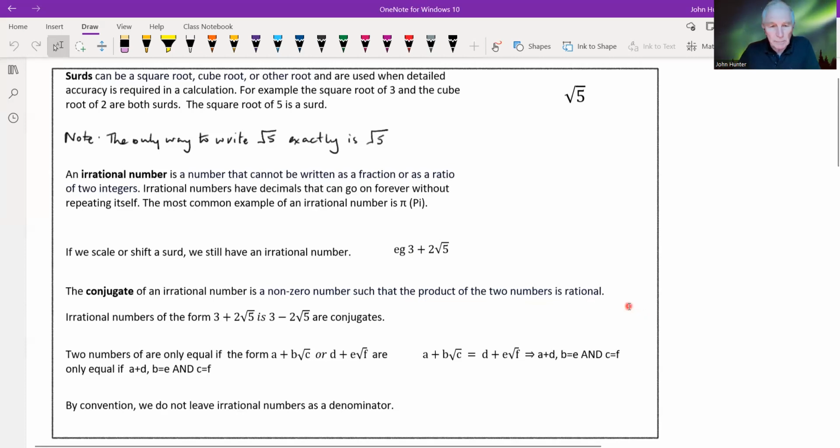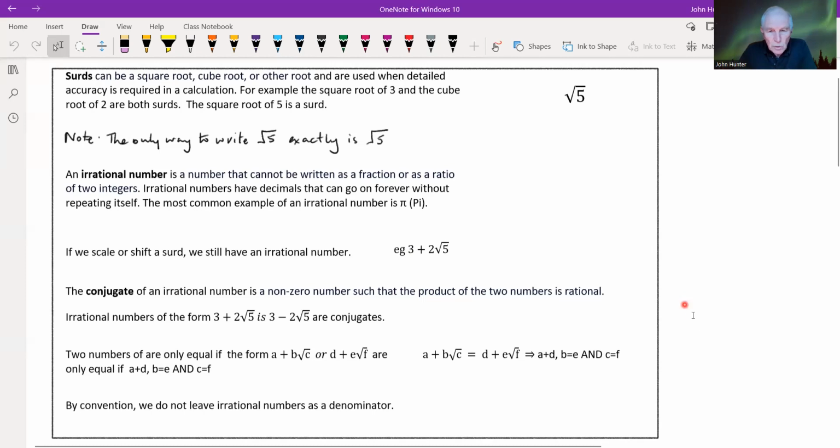We'll look at examples of this in a moment. So they're conjugates of each other. You could say that 3 minus 2 root 5 is the conjugate of 3 plus 2 root 5, and vice versa.